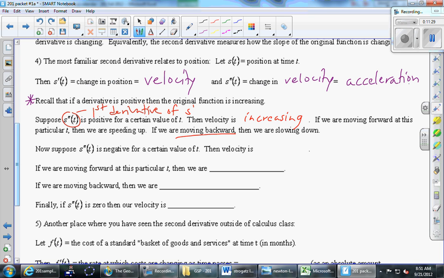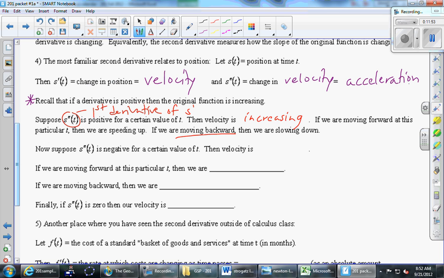This would be bad for your car, but if you were going backwards and then you hit the gas, but your car is in drive trying to go forward, are you going to speed up or slow down? You're going to slow down before you stop and then eventually start going forward again, right? So we just don't have as much experience in the moving backwards direction. But speeding up and slowing down, we should be really careful with those words.